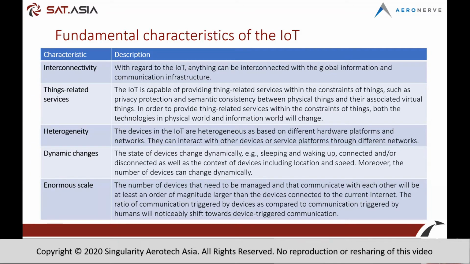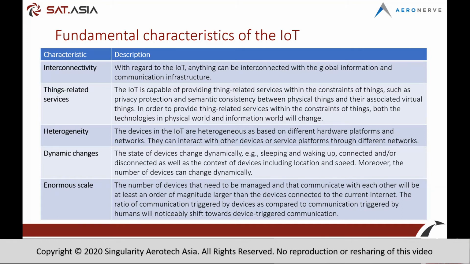IoT means that anything can be interconnected with the global information and communication infrastructure. If your drone, for example, is standalone and cannot connect to the internet, that means it's not an IoT drone. It's a drone, it's a machine, but it's not an IoT machine.